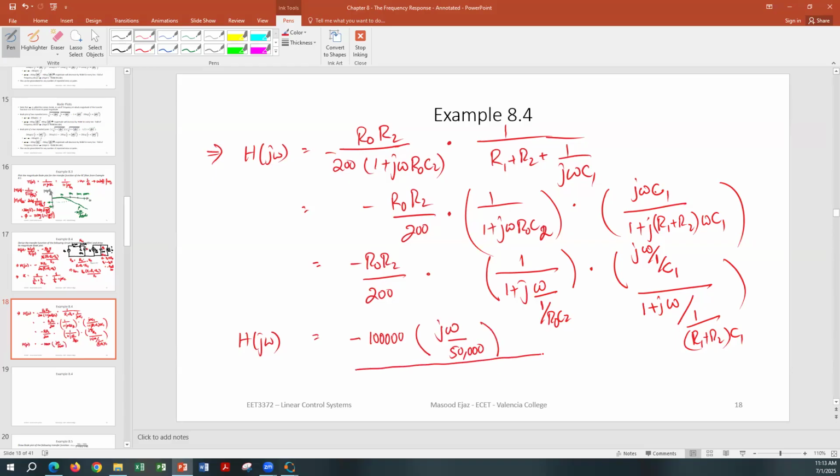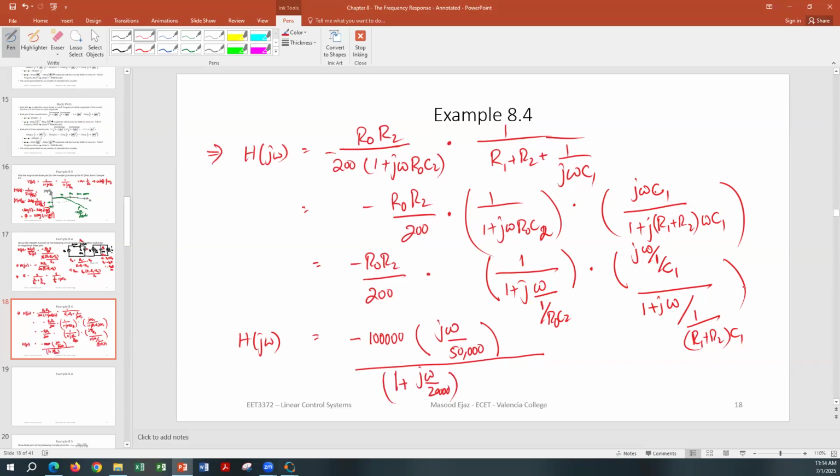And then the denominator is 1 over j omega, 1 over R naught times C2, which is 1 divided by that, so the inverse of that answer. So 20,000. So I have 1 plus j omega over 20,000, which is this.